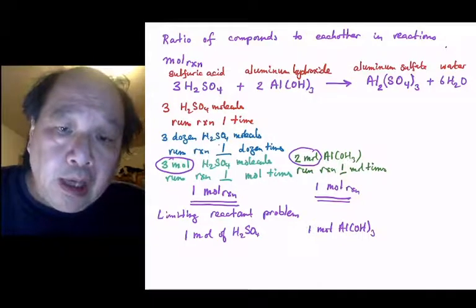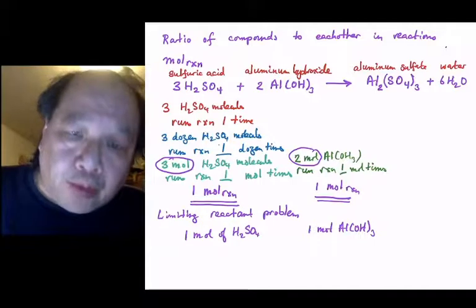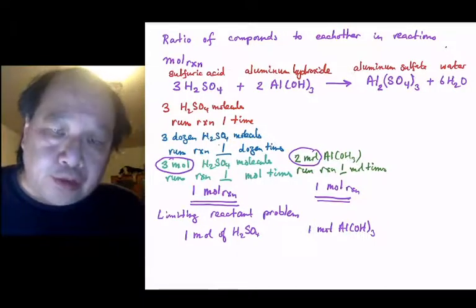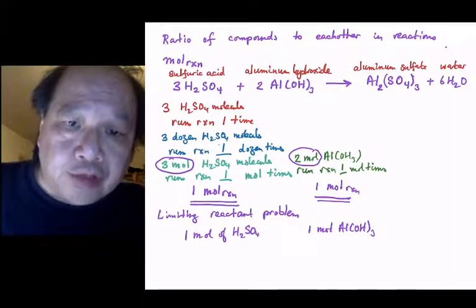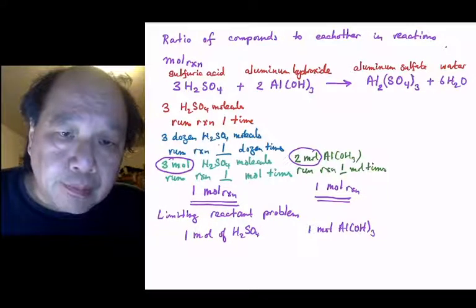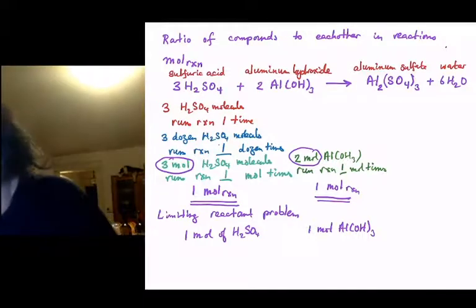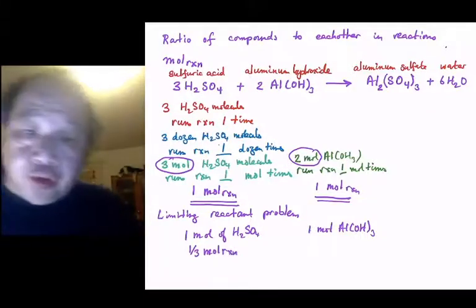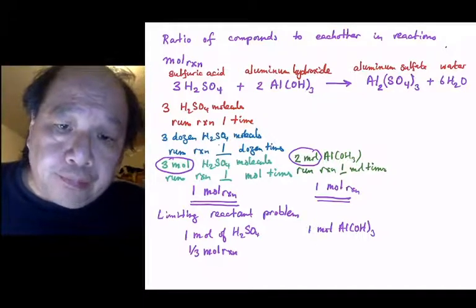Put in chat, what would the mole reactions possible be? What would be the possible mole reactions for 1 mole of H2SO4? Remember, 3 moles are required for 1 mole reaction for H2SO4. So 1 mole of H2SO4 would be how many mole reactions? Yeah, it would run it 1/3. It's exactly a third of the number of mole reactions, 1/3 mole reactions, because it's 1/3 as much H2SO4.